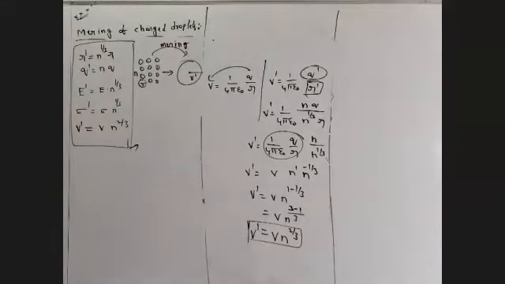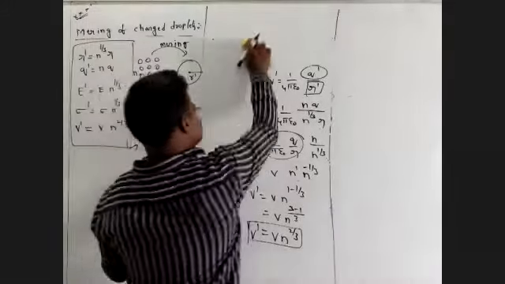The small droplets merge into bigger charged droplets. This is the formula. Keep it in your mind. Now, for example, the reverse process.